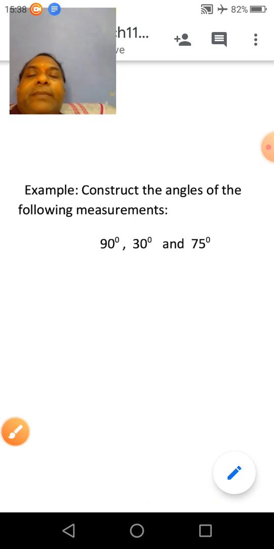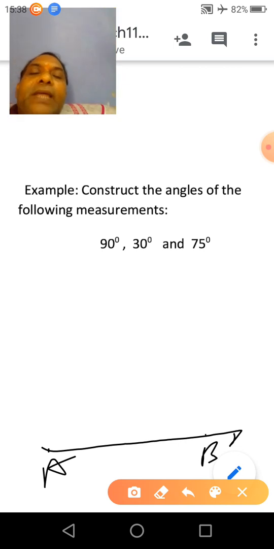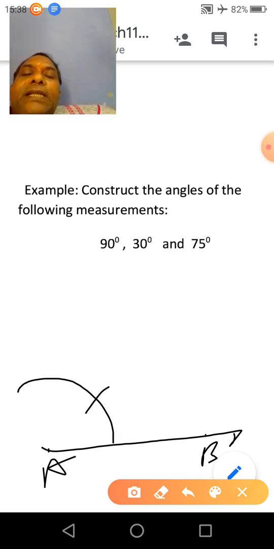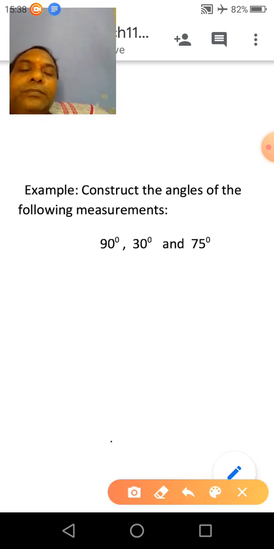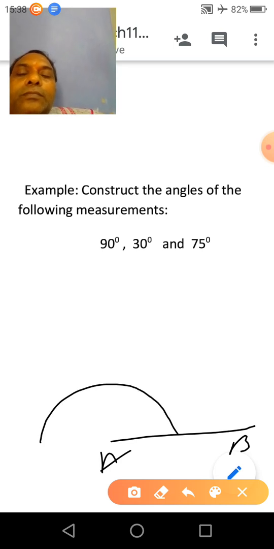Now 75 degrees. For 75 degrees, draw a ray. 75 means 60 degrees plus 15 degrees. Firstly draw 60 degrees, 60 degrees, clear, and 120 degrees, clear.